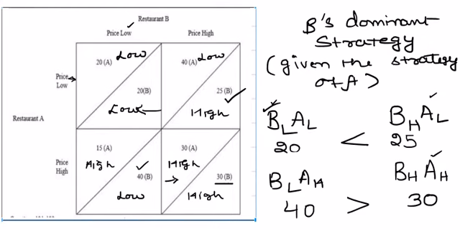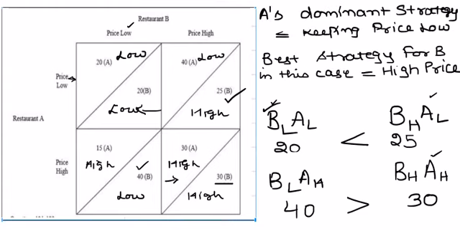So what we could observe from here is that in this situation, given A follows its dominant strategy, which is keeping prices low, the best strategy for B is keeping prices high. So when A's dominant strategy is low price, the best strategy for B in this case is high price, because we can see that B is having more profit in this strategy.